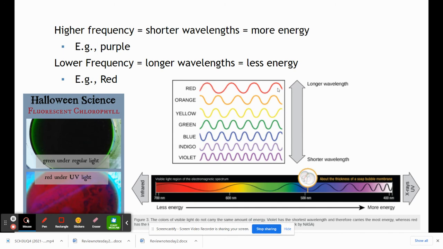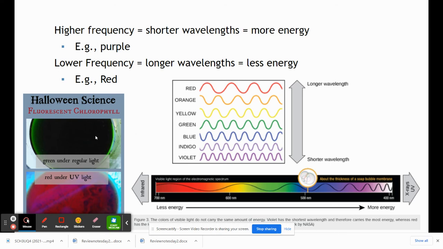What that means is it doesn't repeat as often as something that has smaller waves, because this repeats more and more. This is higher frequency. So if something has long waves and low frequency, it's usually lower in energy. If something has short waves and high frequency, there's more energy, like the purple light.